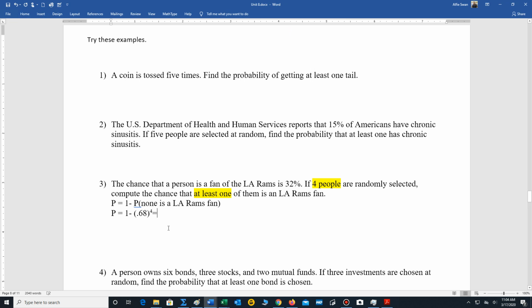So let's calculate this. We have P is equal to one minus, let's type 0.68 to the 4th power in our calculator, and we end up with, we'll round to 3 places, 0.214.